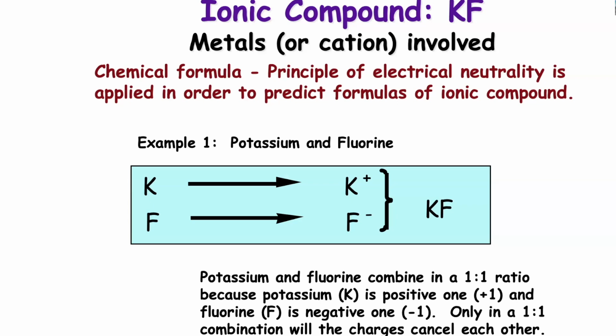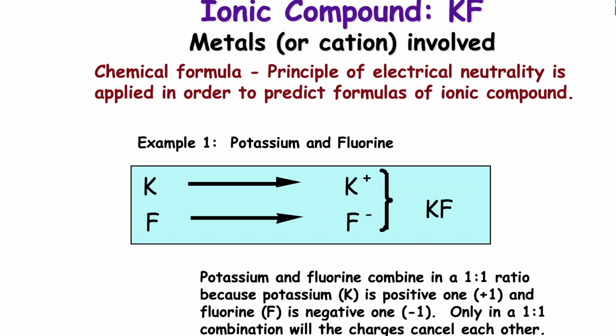It's got 7 electrons in its valence shell. If it picks up 1 more, then it's got a -1. Well, guess what? The +1 and the -1 of potassium and fluorine are going to be attracted. So the formula for the ionic compound potassium fluoride is KF. It's a 1-to-1 ratio.